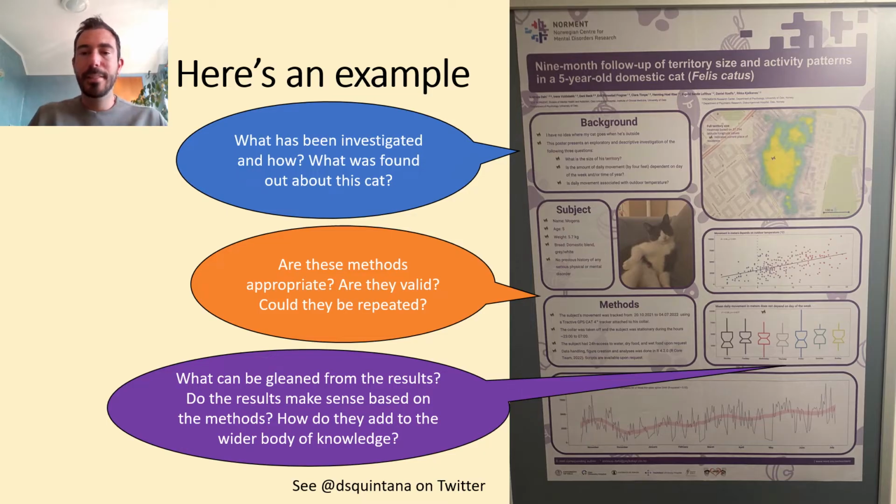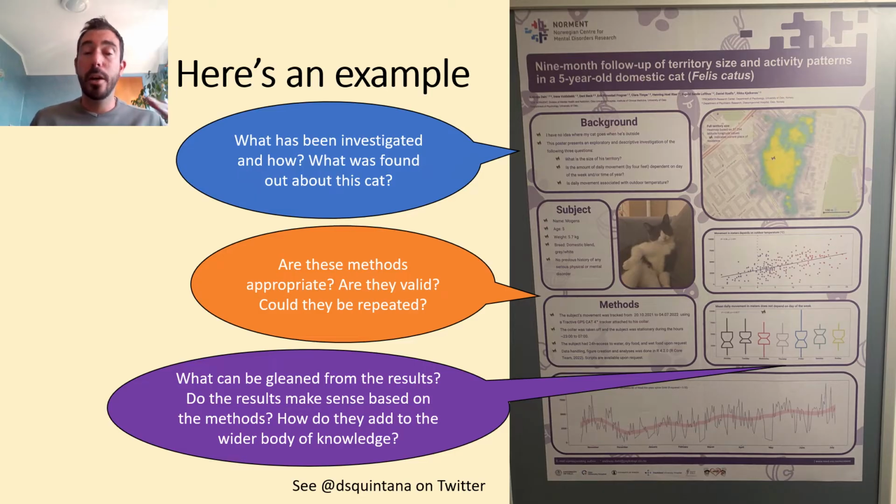So in this example, we've got a case study on a particular cat. How the cat was followed around is explained in text and visually by a diagrammatic heat map, if you like, of where the cat went on different days of the study. We've got differences in, or no difference, as has been found, in the day or month or time of the year that the cat was active.